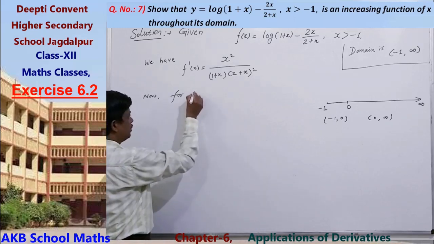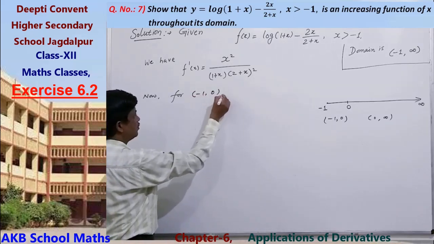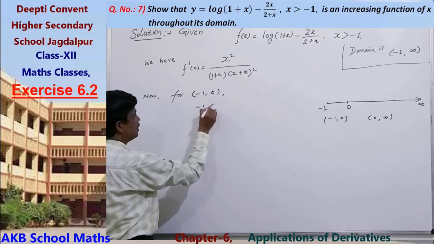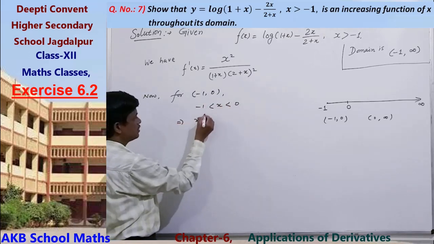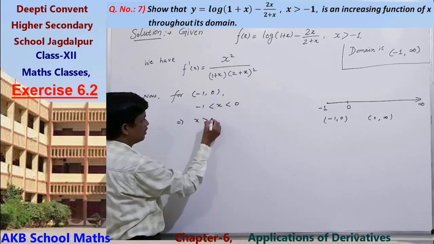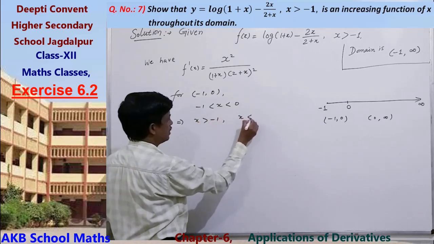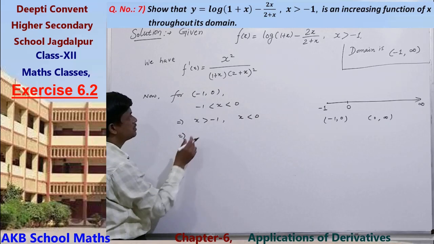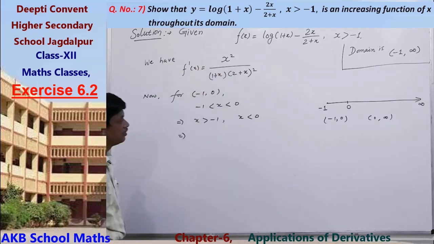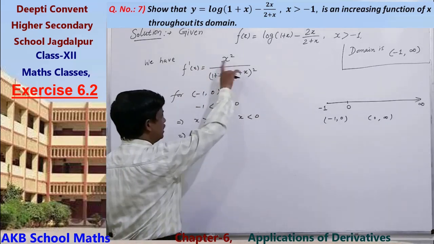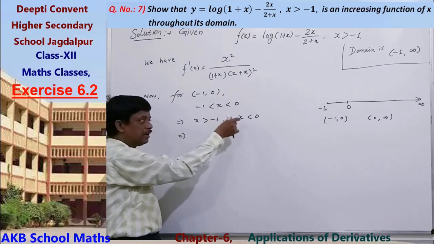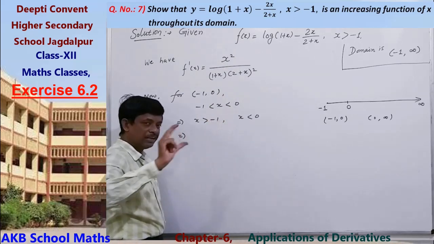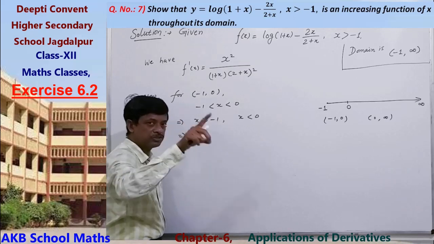For the interval minus 1 to 0, minus 1 less than x less than 0 implies x greater than minus 1 and x less than 0. Here x less than 0 is a negative value, and squaring a negative value you will get a positive value.